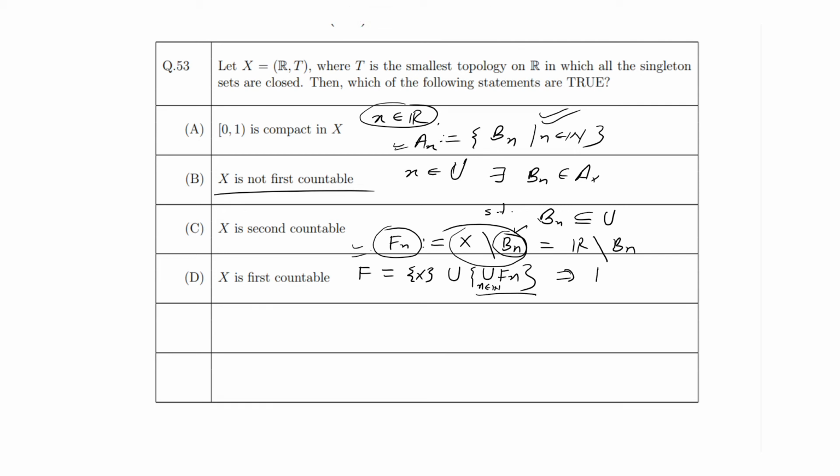This implies that F is countable. So F cannot be equal to R, because R is uncountable.